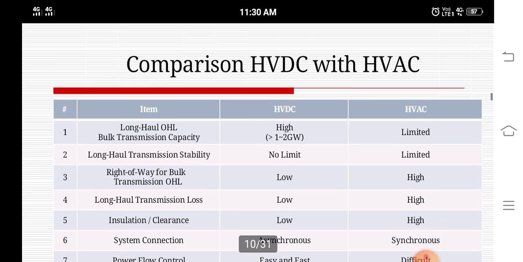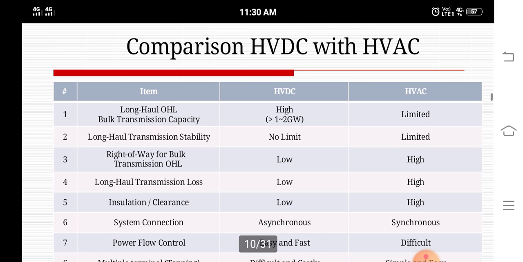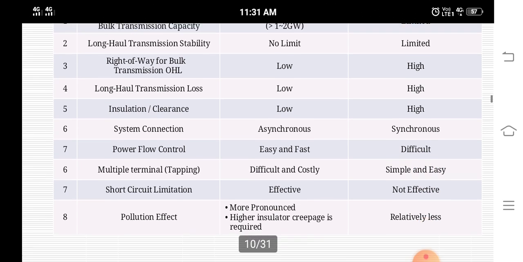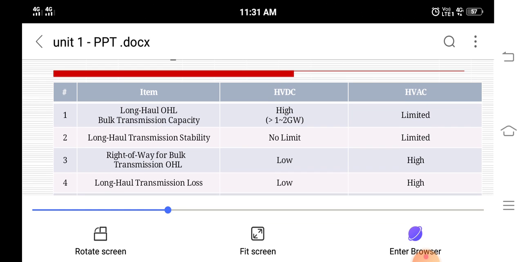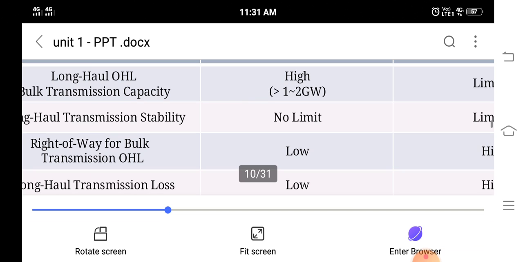Yes, we have some comparison we saw in yesterday's class, but we have to recall this comparison of HVDC with HVAC. So more items can be here. Those items are shown in this table.